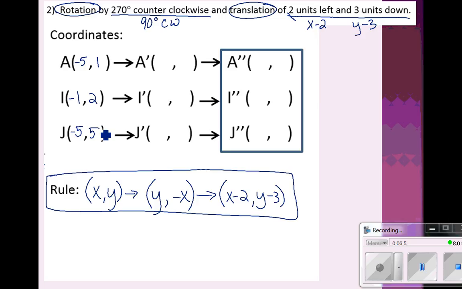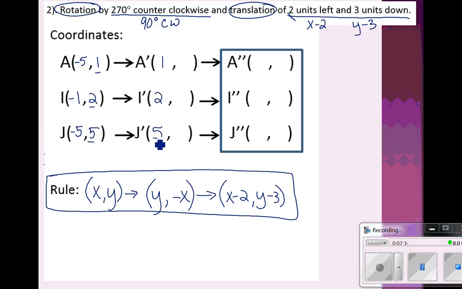Let's use our rule for the 90-degree clockwise, and it's y, negative x. So I see that the y is going to stay the same and go into the front. So I'm going to do all the y values. So here are my y's, and I'm just going to move them to the front of the parentheses and keep them the same.